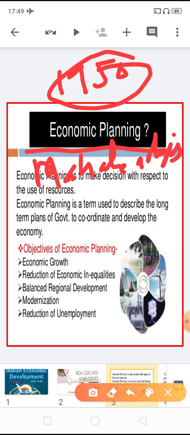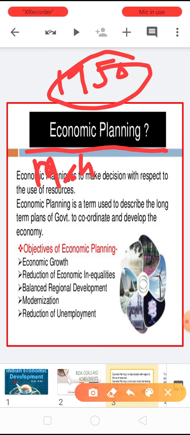It is very important to note that the Planning Commission has now been abolished. In January 2015, this Planning Commission was replaced by NITI Aayog, and the role of NITI Aayog is to make such policies that accelerate the pace of GDP growth.